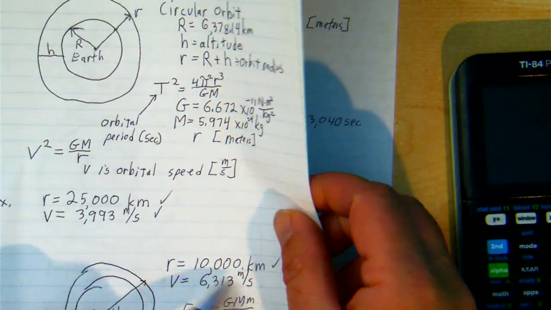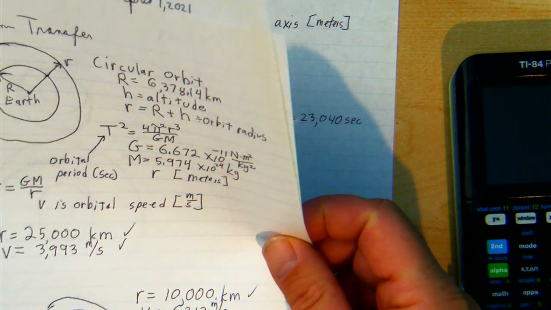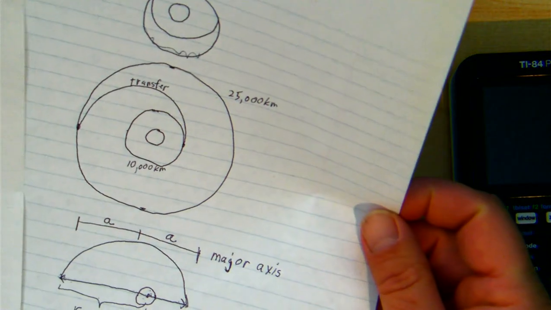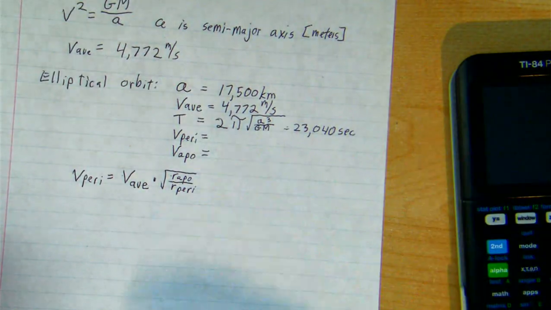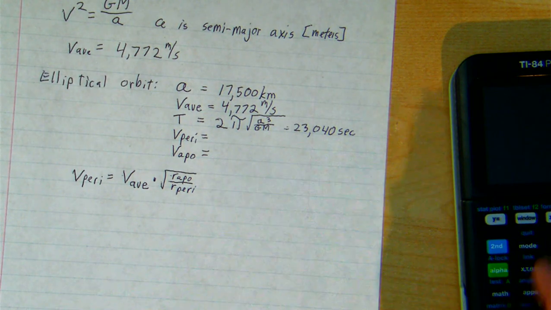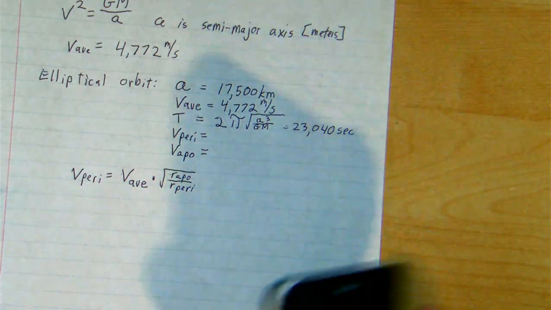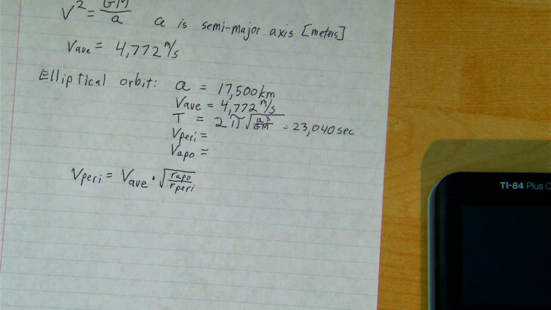And you can get rid of 3 of those zeros. You could just say, what is the square root of 25 divided by 10? You could even get rid of one more decimal and say, what is the square root of 2.5 times the average velocity? All right, calculate, please. What is the periapsis velocity?